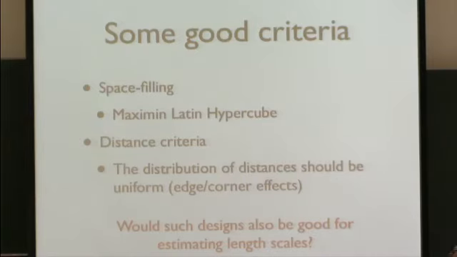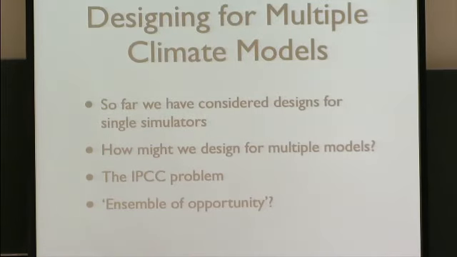Well, those two criteria are actually quite good at estimating length scales themselves. So we might be able to build an experimental design that does both of these things, and it might actually outperform my sequential designs. I haven't actually built one of these yet, so this is all speculation. But it shows the sort of thinking you can do on some of these design issues.